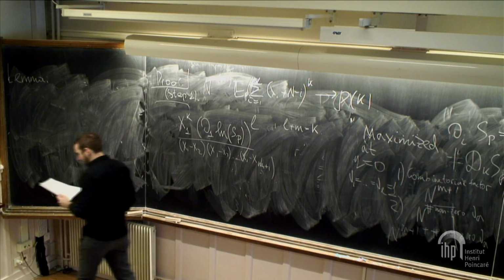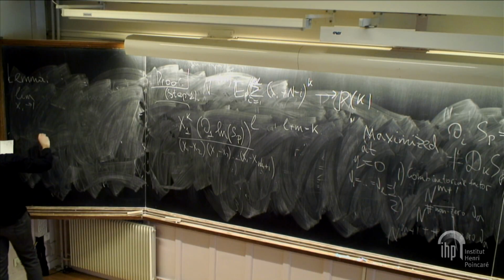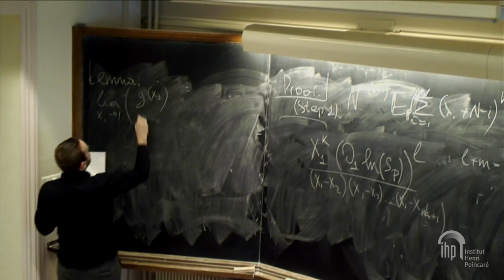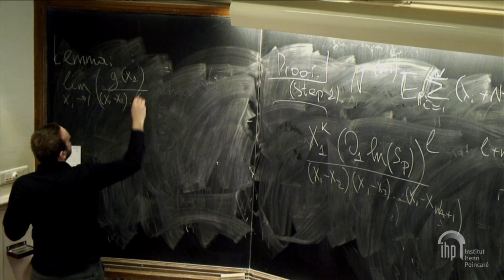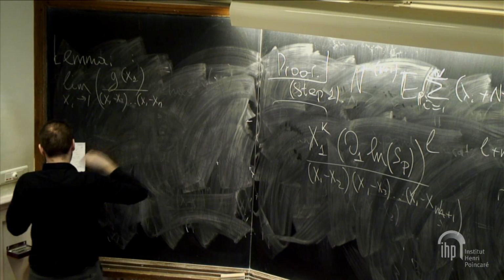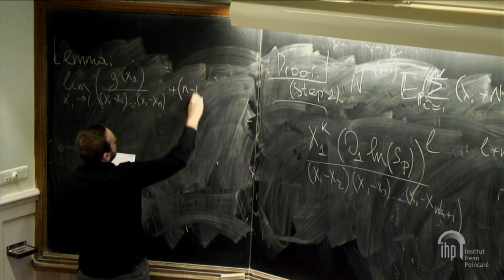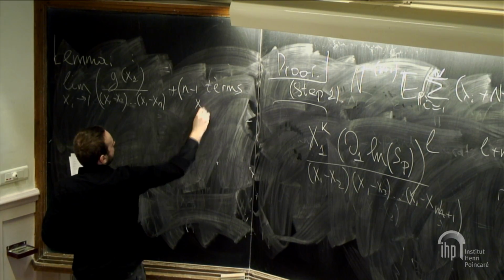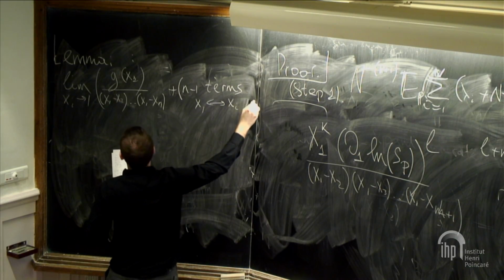So this lemma will be telling us that the limit as xi goes to 1 of some function g of x1 divided by x1 minus x2 up to x1 minus xn, plus n minus 1 terms obtained by switching x1 with some variable xi.